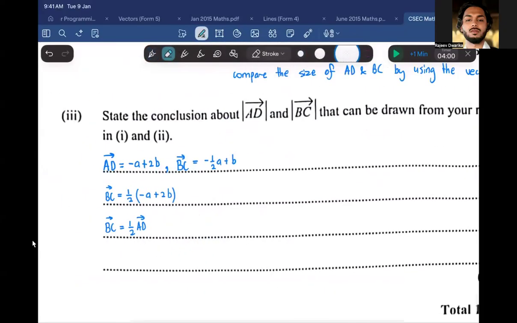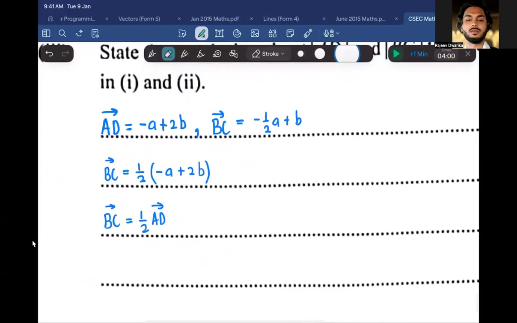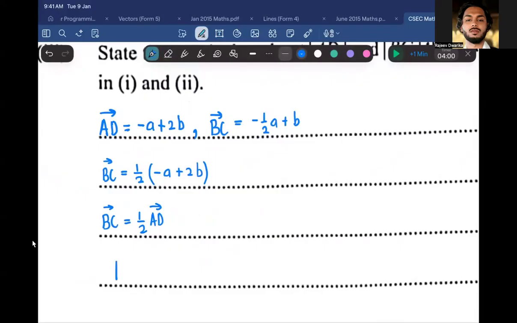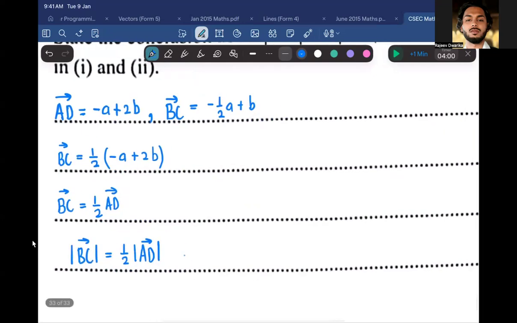So all you're going to say is the size of BC is just a half the size of AD. You don't need to write this last statement.